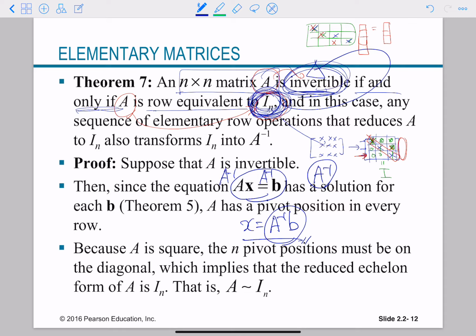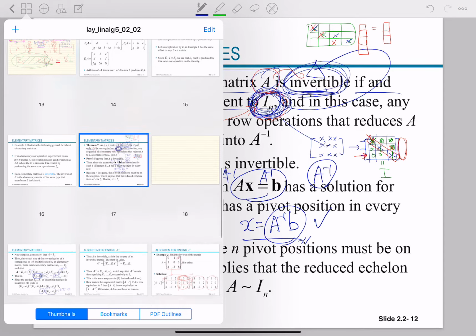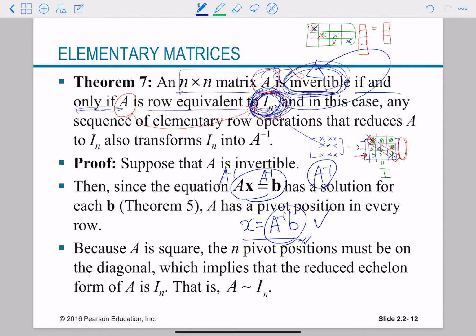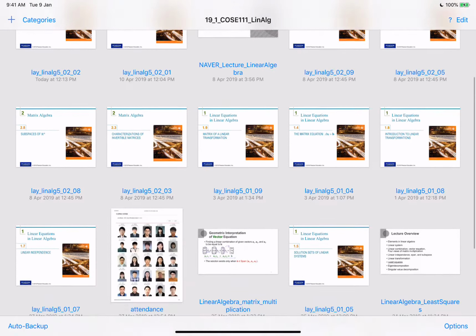In the case of a square matrix, having pivots in every row means the only possible form for its reduced echelon form is the identity matrix. So the existence of the solution for any b leads to a pivot in every row, which is equivalent to the reduced echelon form being the identity matrix. That's how we prove this theorem. Let's move to the next chapter.